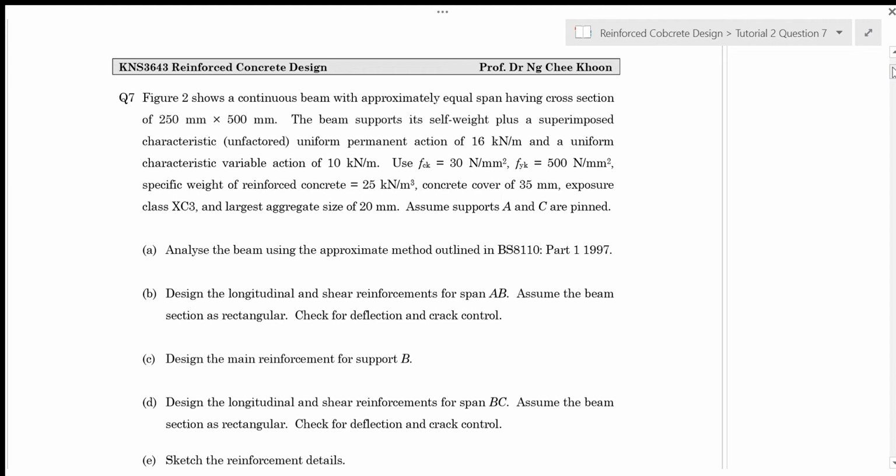C. We design the main reinforcement for support B. D. We design the longitudinal and shear reinforcements for span BC by assuming the beam having rectangular section. After that, we check for deflection and crack control, and then finally we sketch the reinforcement details.